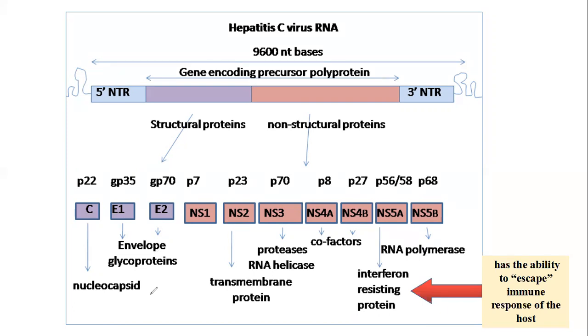Each gene, or maybe multiple genes, is responsible for the synthesis of different types of proteins, like nucleocapsid, envelope glycoprotein, the spikes E1 and E2, the transmembrane protein, the anchorage protein, then proteases, RNA helicase, cofactors, RNA polymerase, and so forth. These genes P56 and P58 and NS5A actually encode a resistance protein, and that protein resists interferons.